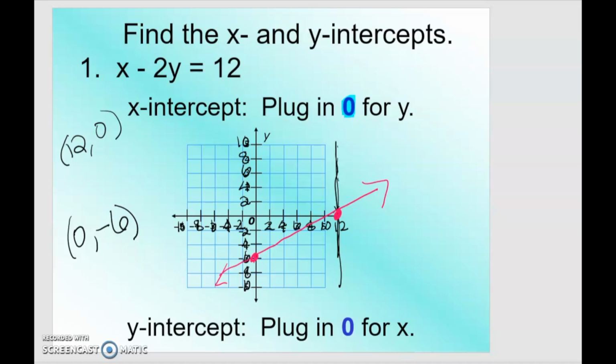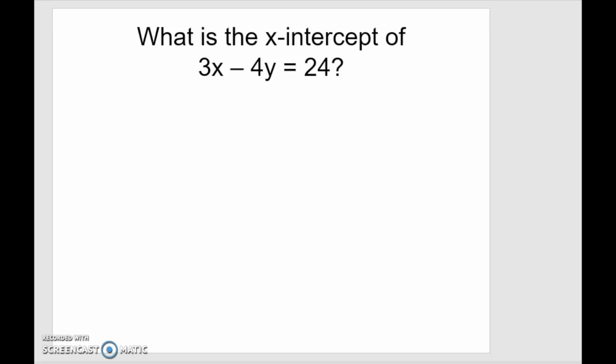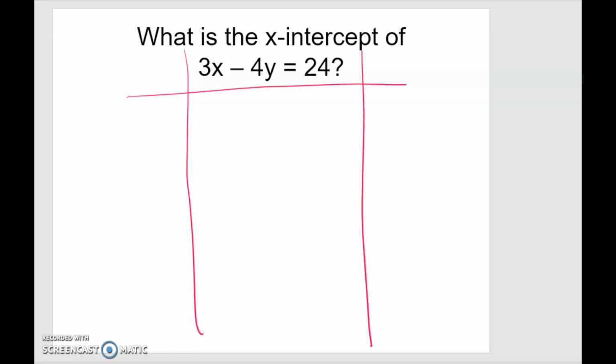Let's try one more. Okay, here's our next equation. Same thing, we are going to find our x-intercept and our y-intercept. It doesn't really matter which one you start with. I'm going to start with my x-intercept. So remember, for your x-intercept, x will be a number. That's the number you're looking for. You're plugging in 0 for y.